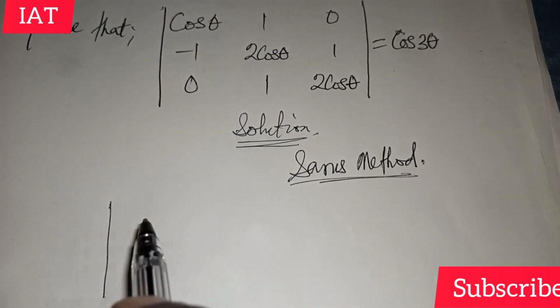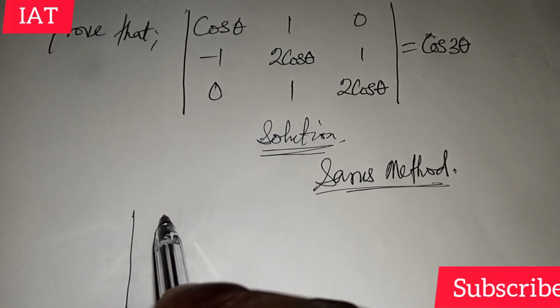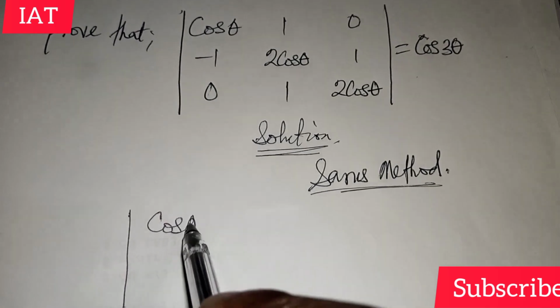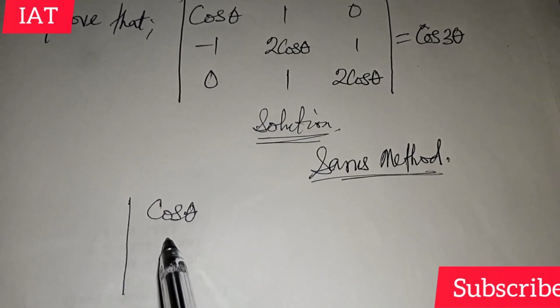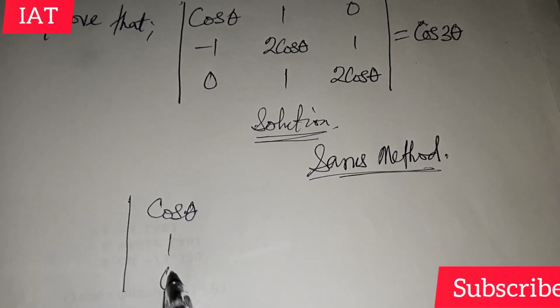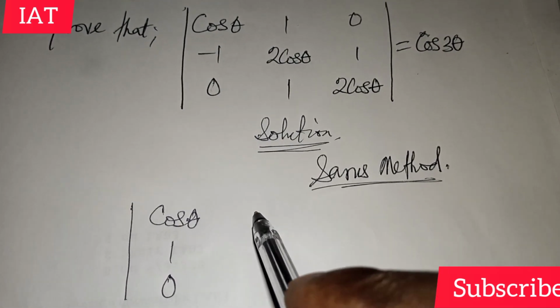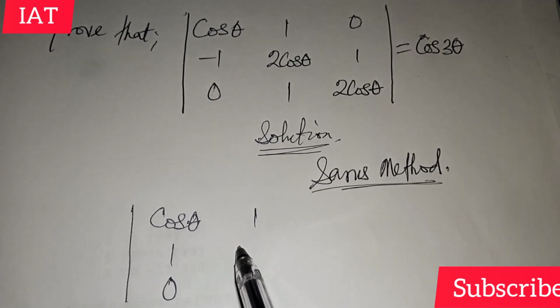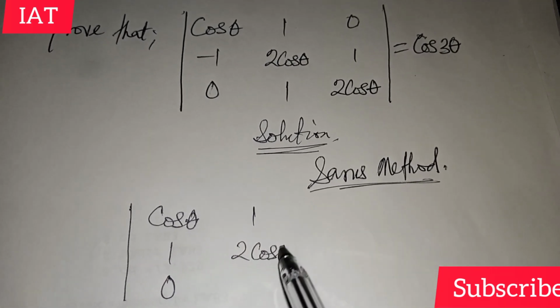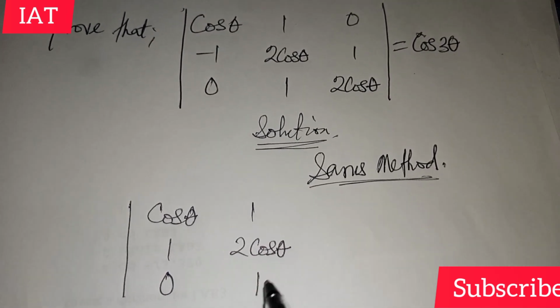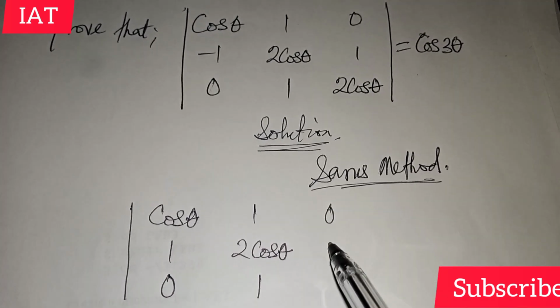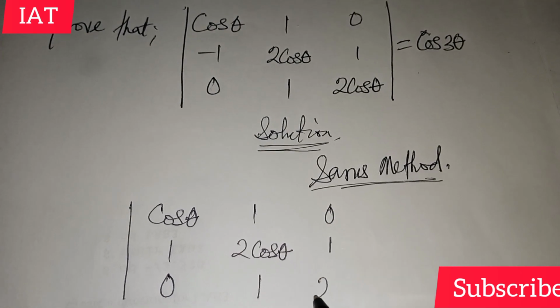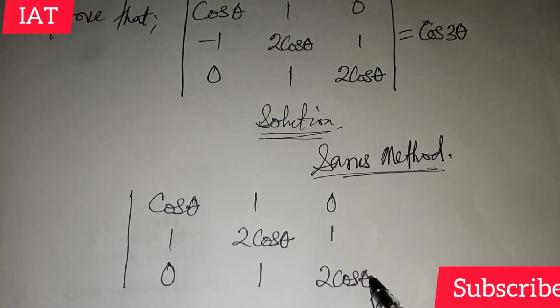I will have cos theta, 1 and 0. I will have also 1, 2 cos theta, and 1. I'm writing everything I'm having there: 0, 1, 2 cos theta.